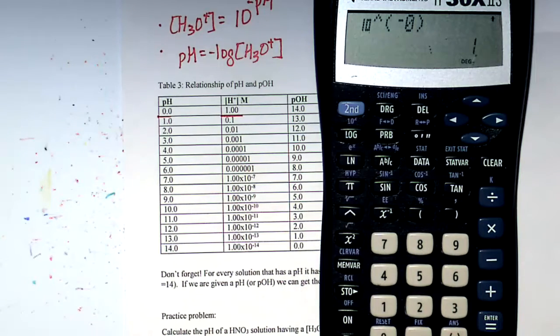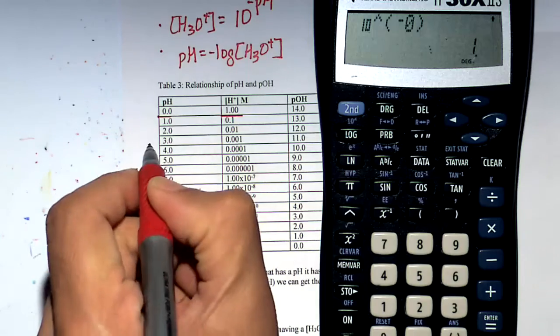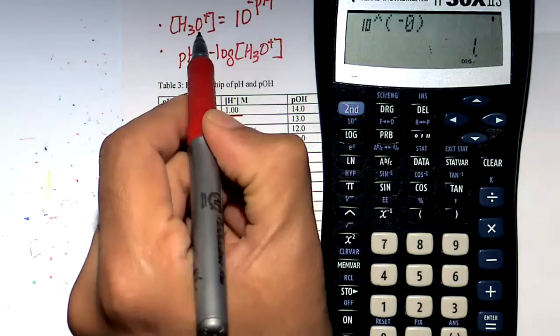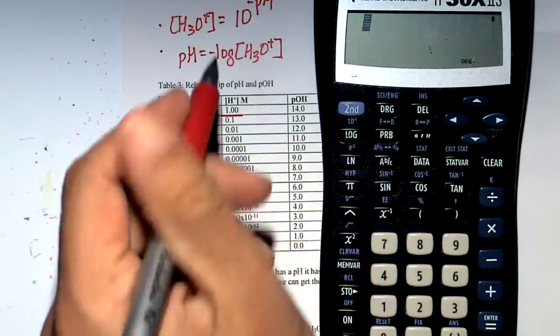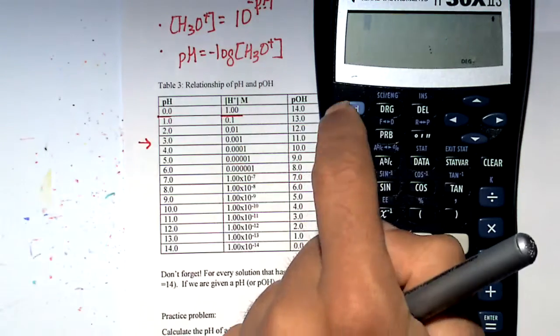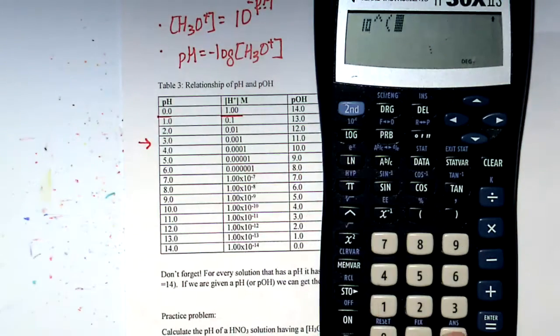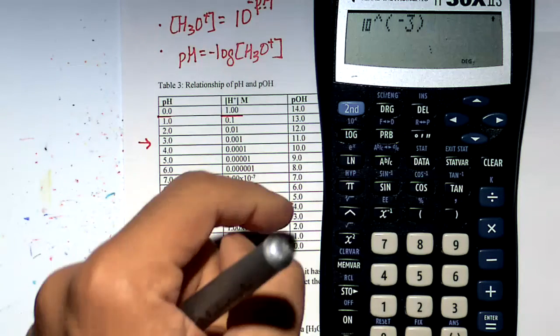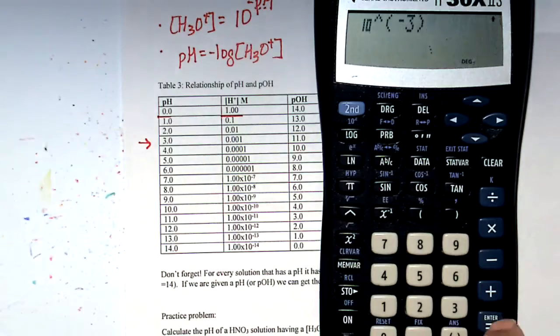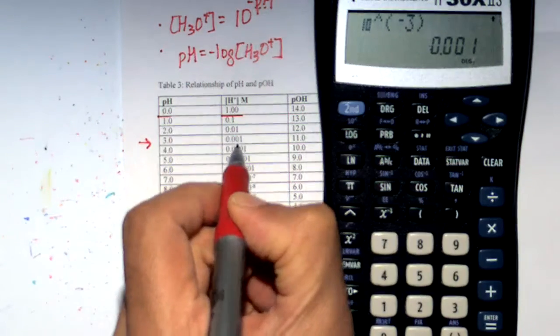Anything to the power of 0 is 1. Okay. How about if you have a pH of 3? Okay. So if our pH is 3, inverse log minus 3. Okay, everyone see how we're doing this on the calculator? Inverse log. And that's 0.001. Okay, 0.001.